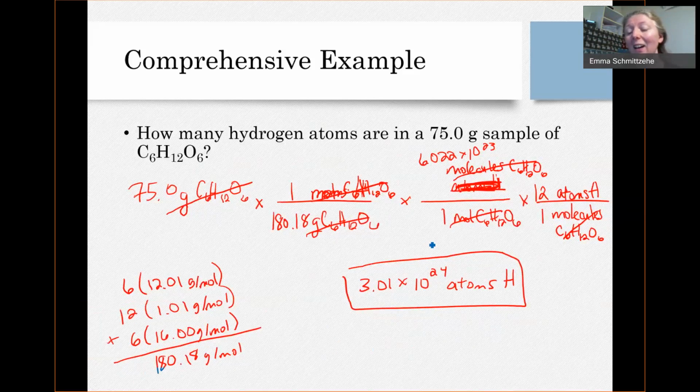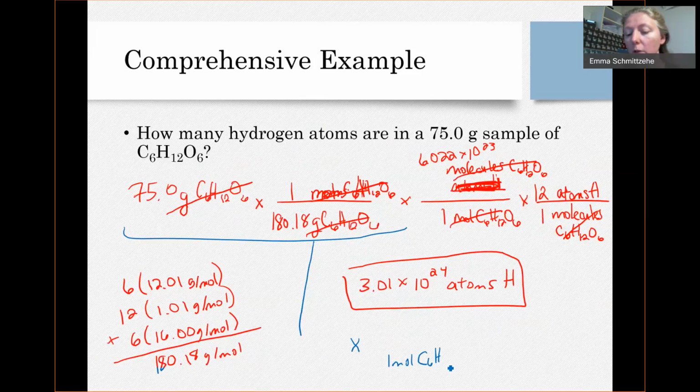So instead, I could have used, from here, this beginning part, and then I could have multiplied by that for every 1 mole of C6H12O6, I could have said that I wanted to relate that to moles of H. There'd be 12 moles of H for every 1 mole of the compound, right? And then I could convert moles of H to atoms of H using Avogadro's number.